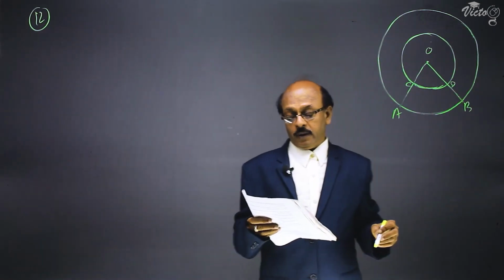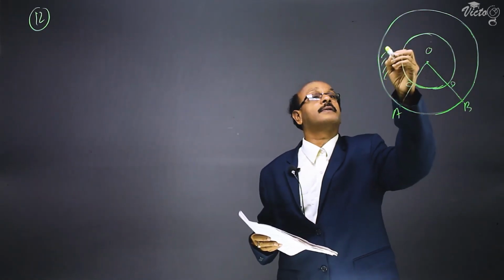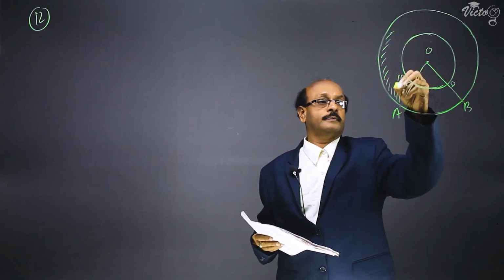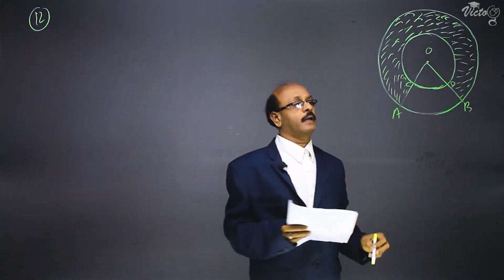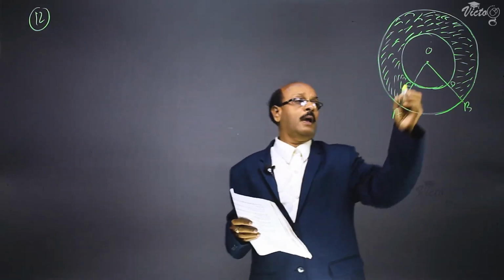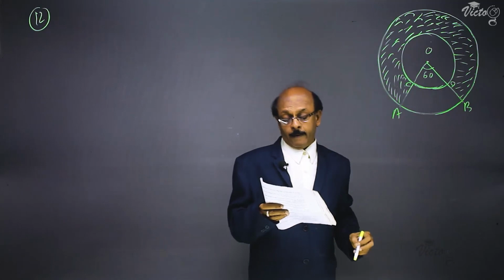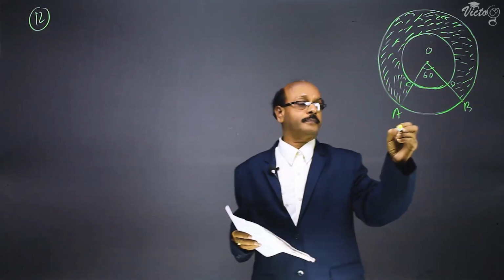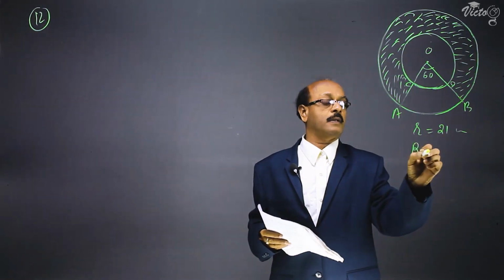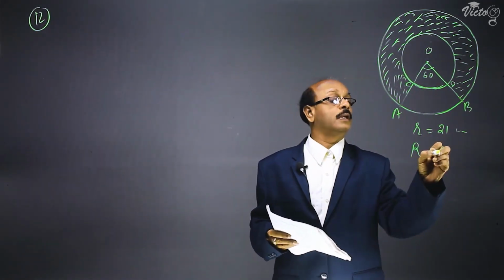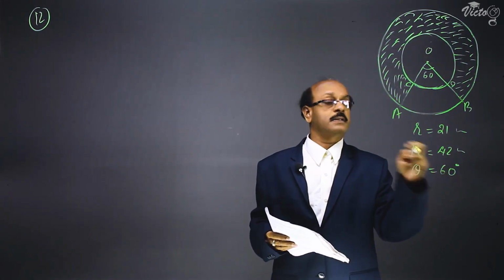We have to find the area of the shaded portion. For that, it is given angle AOB is equal to 60 degree and small r is equal to 21 centimeter, capital R is equal to 42 centimeter, theta is equal to 60 degree. These are the given measures.